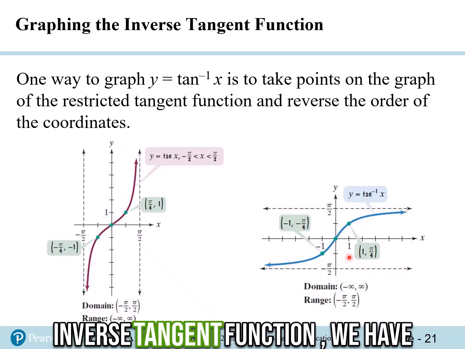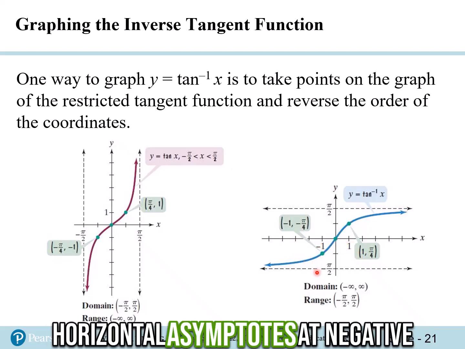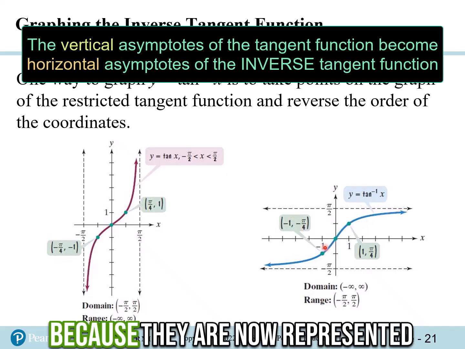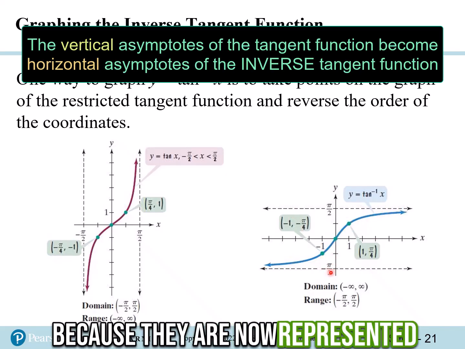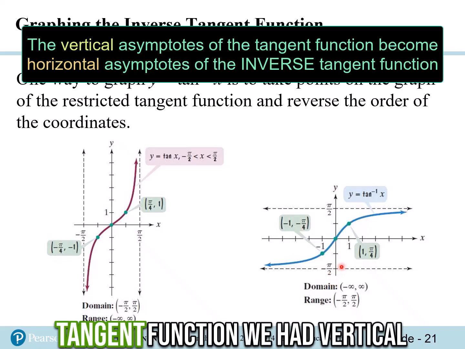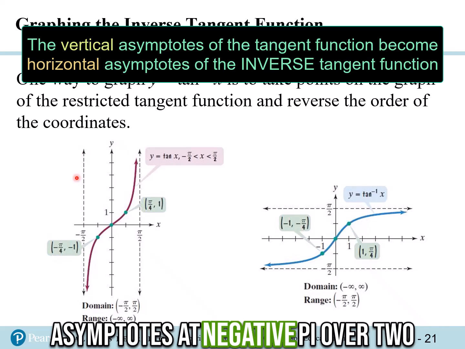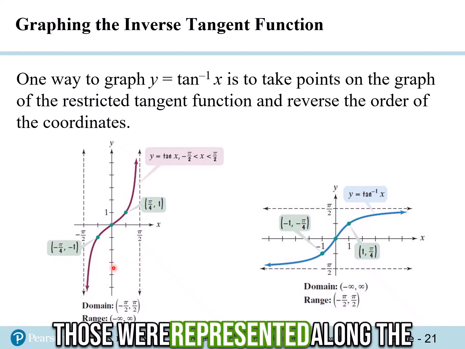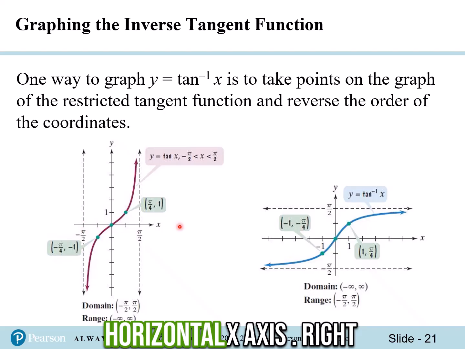On the inverse tangent function, we have horizontal asymptotes at negative pi over 2 and positive pi over 2 because they are now represented along the y-axis, whereas in the tangent function we had vertical asymptotes at negative pi over 2 and positive pi over 2 because those were represented along the horizontal x-axis, right?